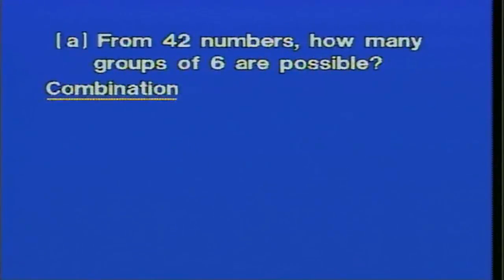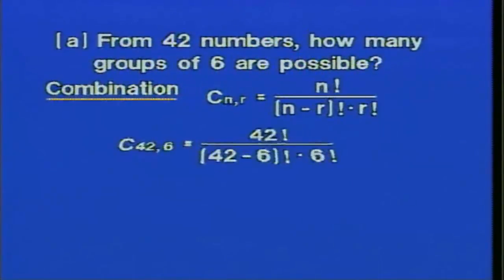So we have a combination notion here, and we use the combination formula which is given here. Now for our problem, it's the combination of 42 items taken 6 at a time, which is 42 factorial over 42 minus 6 factorial times 6 factorial. And the shortcut, as we looked at earlier, would mean that in the numerator we'll have 6 factors, starting with 42.